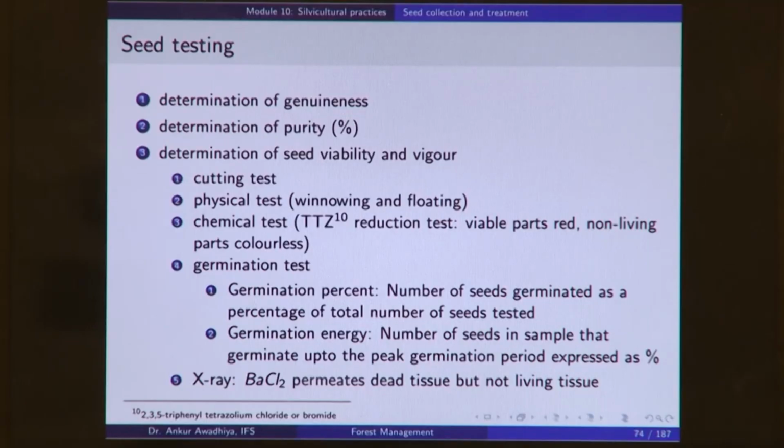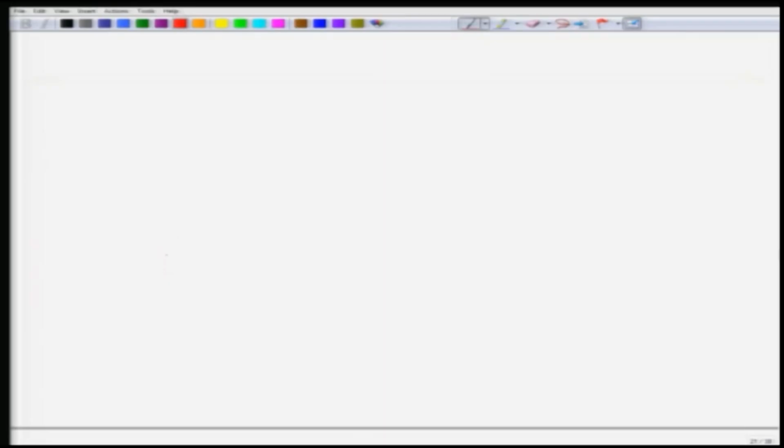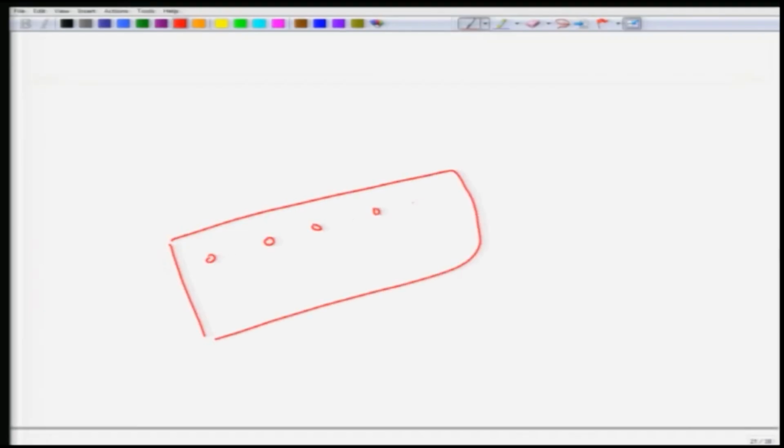Or we can make use of a germination test. Now, in the case of a germination test, the seeds are actually germinated. So, you take a tissue paper, you add these 10 seeds, you add water to it, you cover it with another sheet of tissue paper and you leave it for say 2 days.